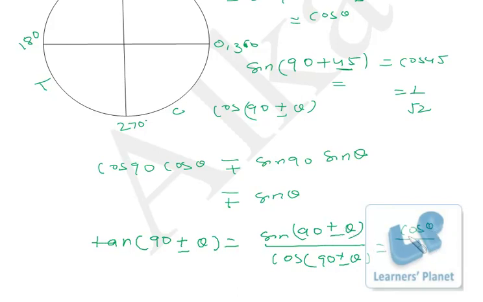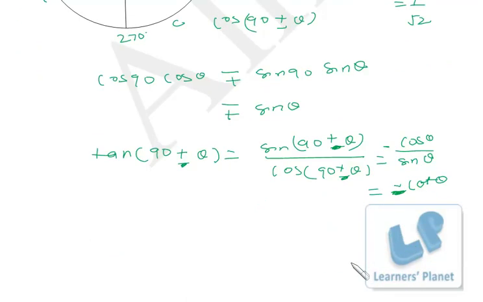I take one at a time. Tan 90 plus theta is sine 90 plus theta upon cos 90 plus theta. Now cos 90 plus theta, we have already seen, is minus sine theta. So tan 90 plus theta is minus cos theta by sine theta, or I can say cot theta. Precisely it is minus cot theta.